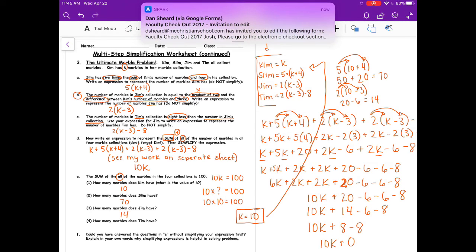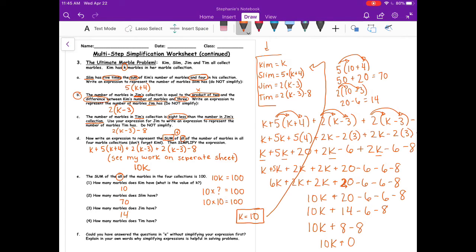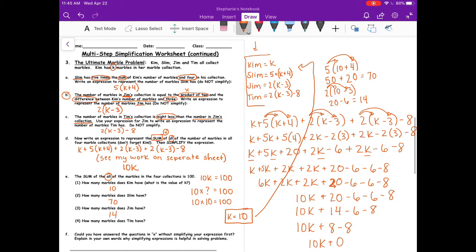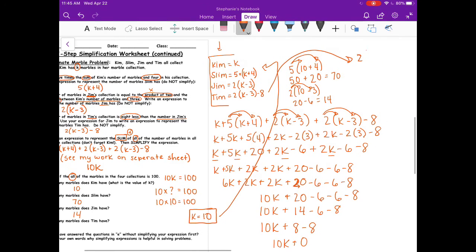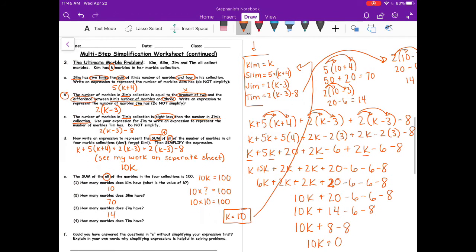And lastly, how many marbles does Tim have? All right, I'm going to move over a little bit here because I'm running out of space on my page. 2 times 10 minus 3 minus 8. 20 minus 6 minus 8, and I'll just go ahead and simplify that like I've done before. 6.